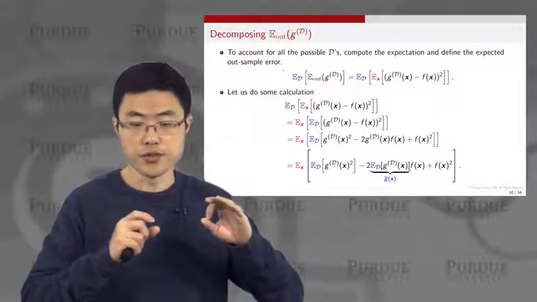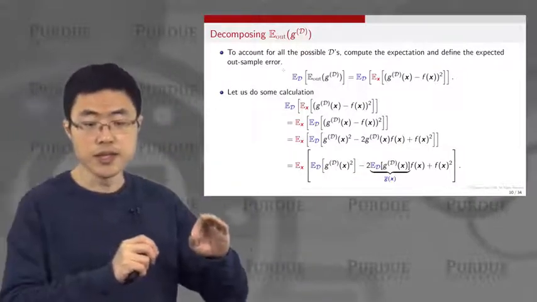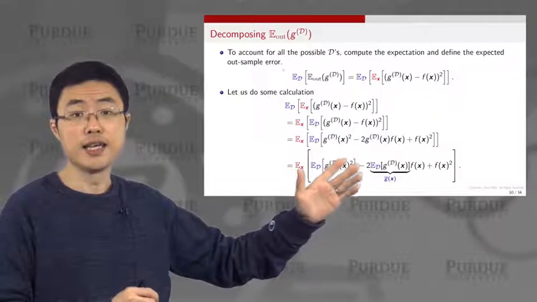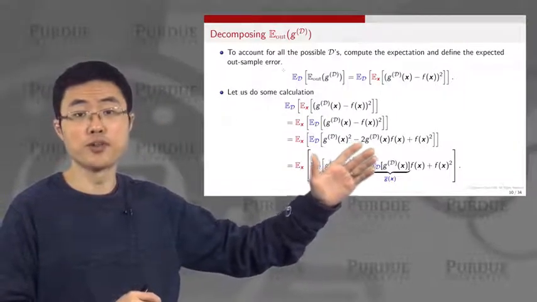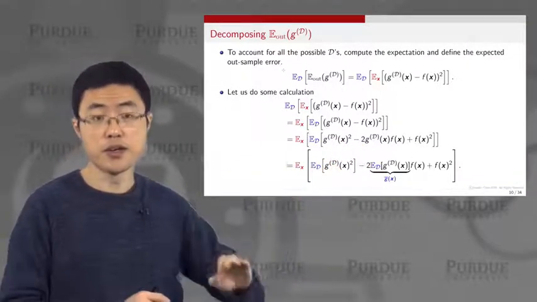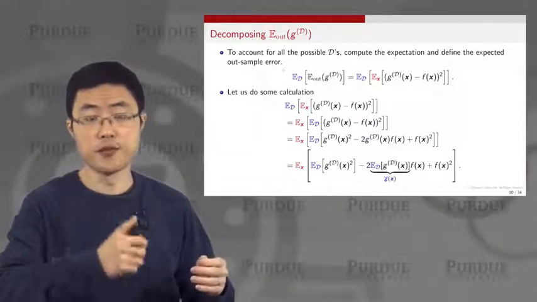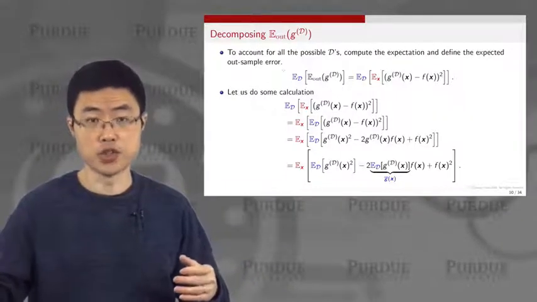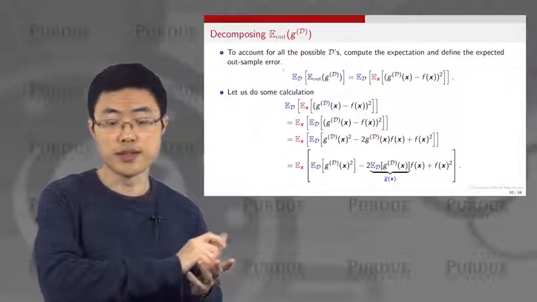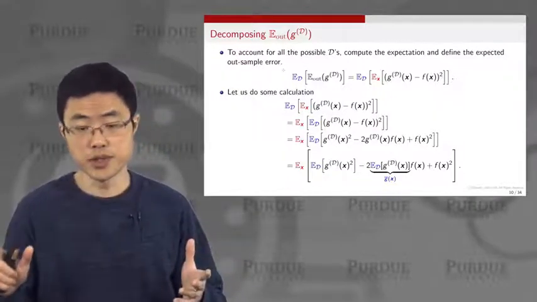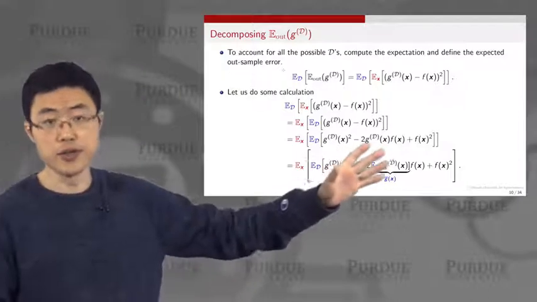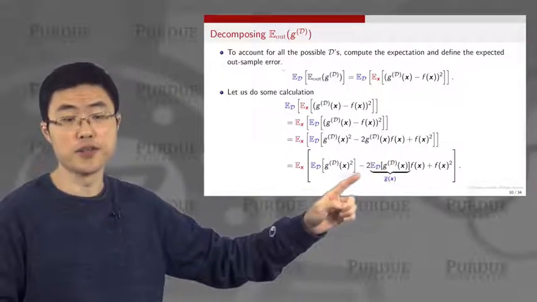Now, if you try to also understand further, this E of D is the average over all the possible training sets. Because of the randomness in the training sets, every training set D will give you a different final hypothesis g. And so when you take the average over all the possible Ds, that will give you the average of the final hypothesis.